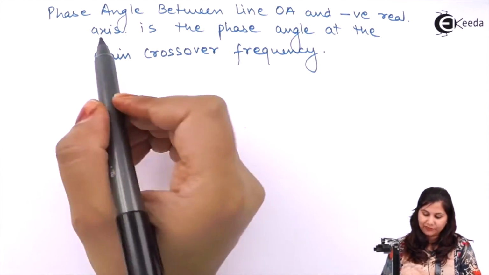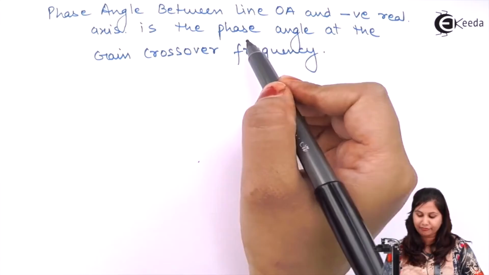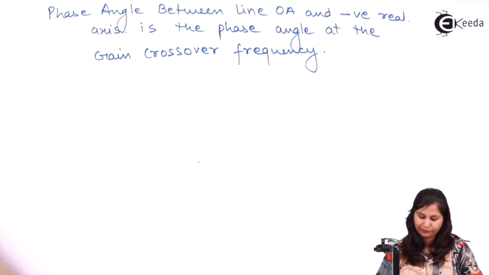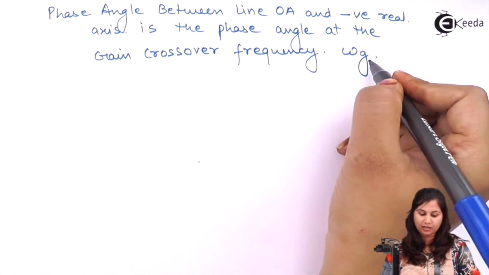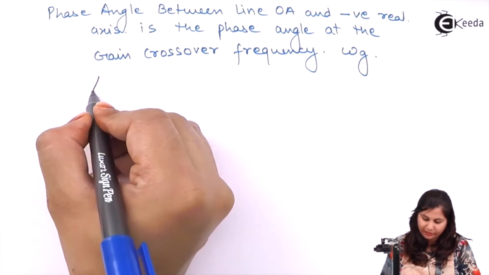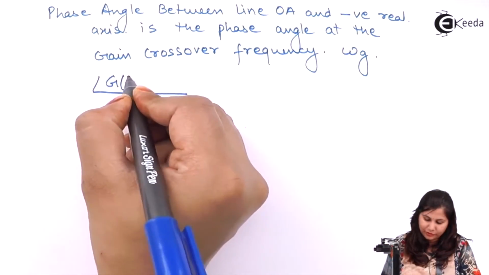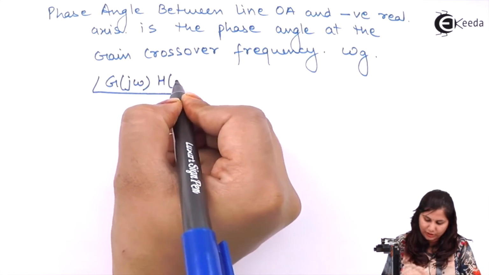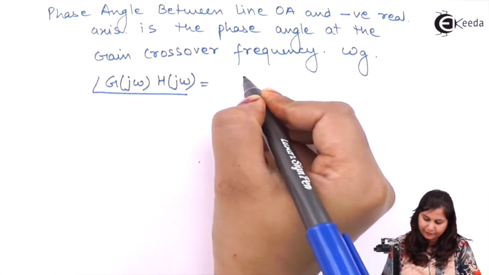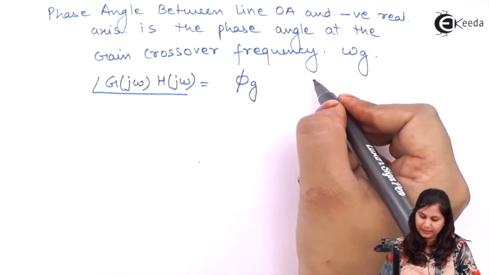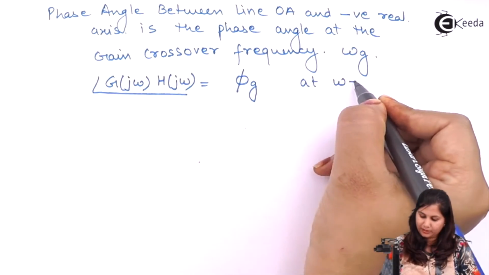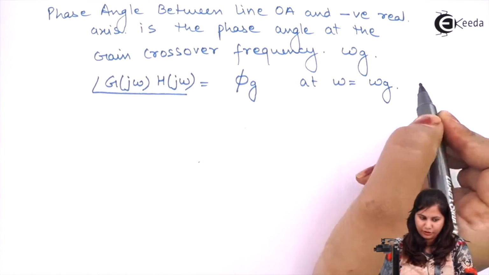This phase angle which we have obtained is the phase angle at the gain crossover frequency, and this gain crossover frequency is denoted by omega g. We can write it as the phase angle of G(j omega)H(j omega), at omega equals omega g.